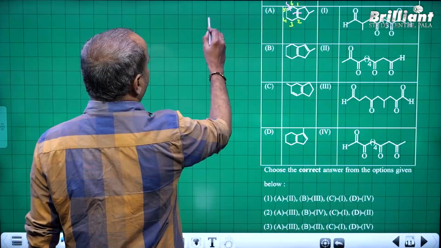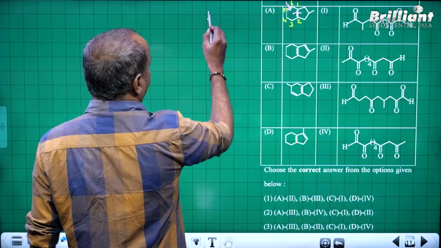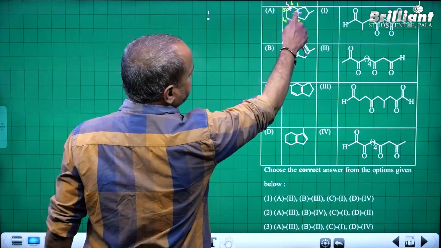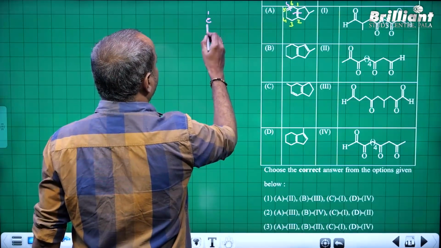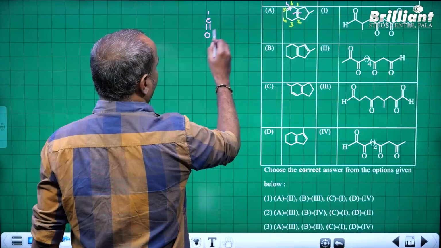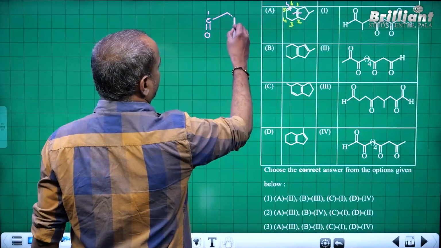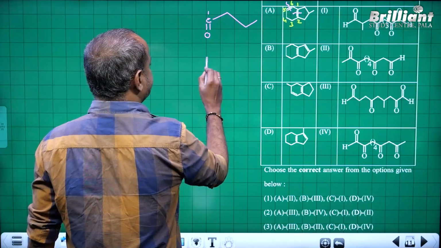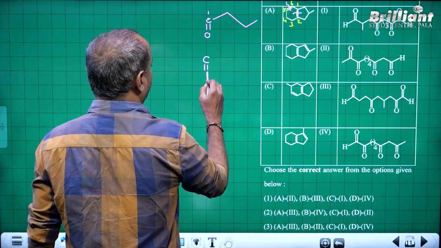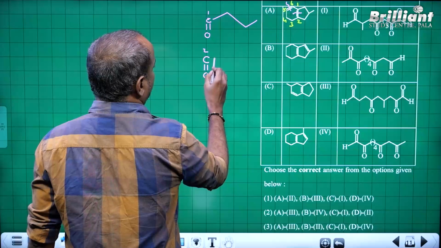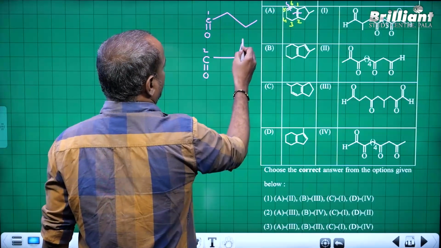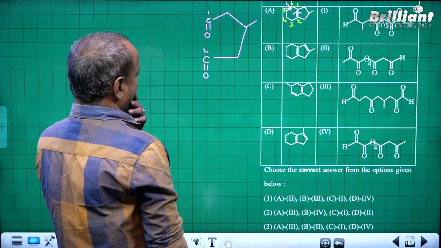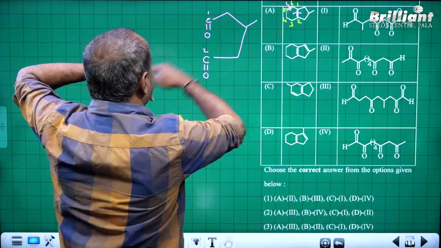Start here, 1: C with no H, only O, C double bond O. 2 also C double bond O. Here 1, 2, 3. Okay, can take like this also, this side.